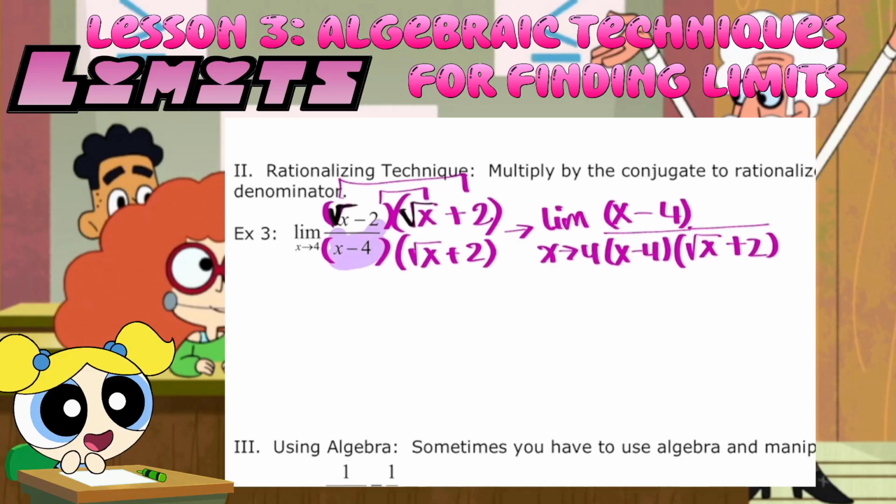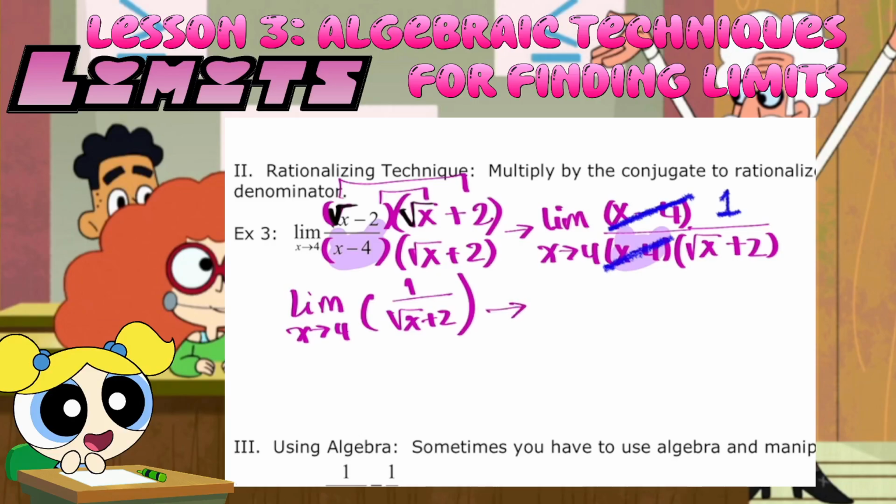Now this guy, what did we say? He's got to go. You have to cross him out. Adios. When we do that, what's left on top is a 1. It's not just root x plus 2 floating around by itself. So we're really looking at the limit as x approaches 4 of 1 over root x plus 2.